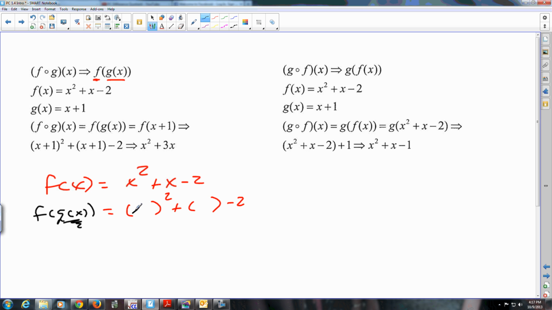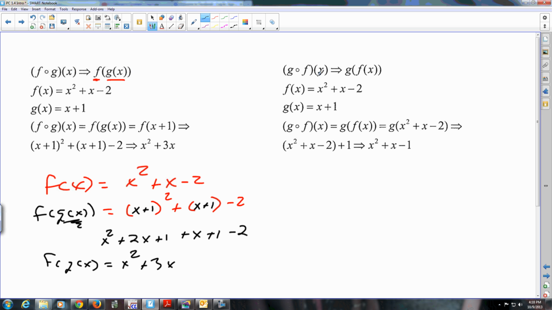So you're going to put in an x plus 1 and an x plus 1. Expand it, and we've been working on not having to FOIL that sucker. x squared plus 2x plus 1 plus x plus 1 minus 2. So you get x squared plus 3x, because that's plus 2 minus 2. So f of g of x is x squared plus 3x.